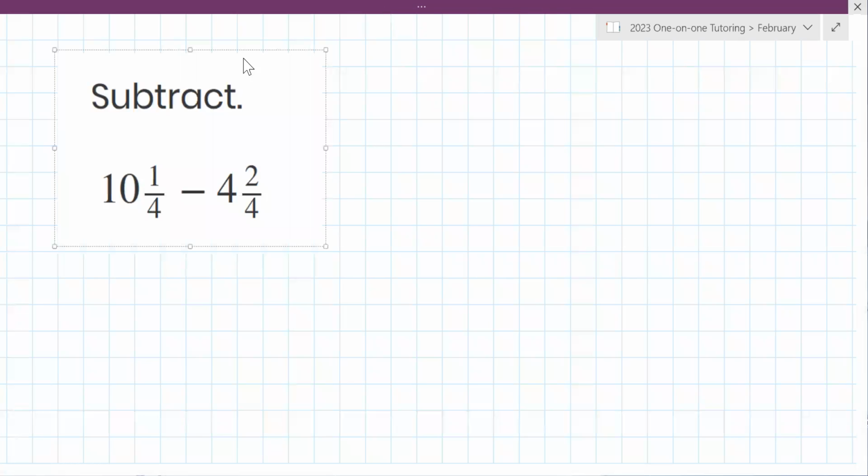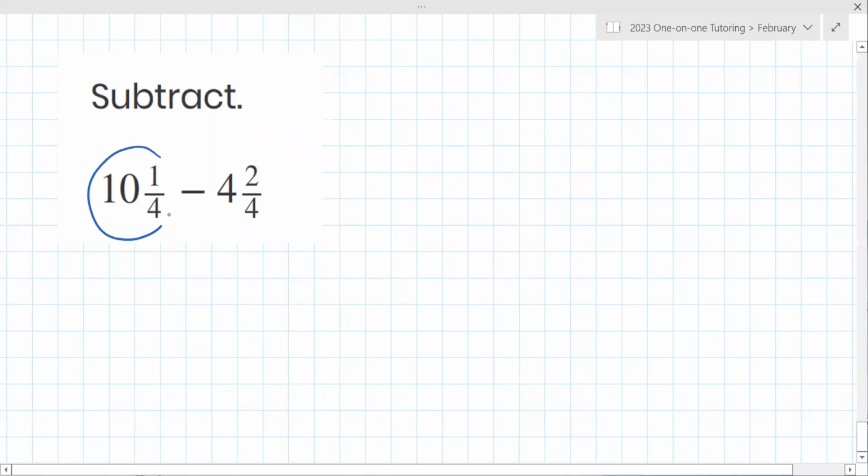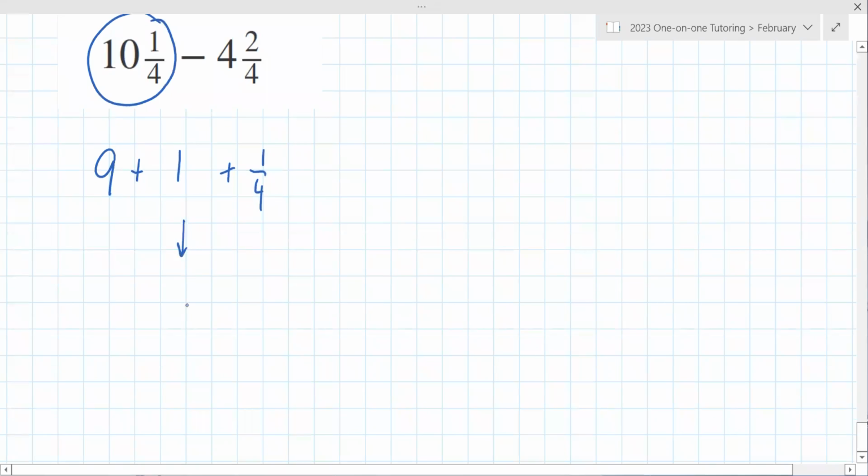So we're first going to focus on the 10 and 1/4. This is 9 plus what plus 1/4? What number goes in the middle? 1. Now you're going to rewrite the 1 as a fraction. What is the top? What is the bottom? 4 over 4. That's to match. Top and bottom are exactly the same.